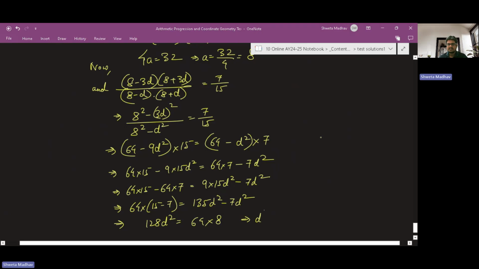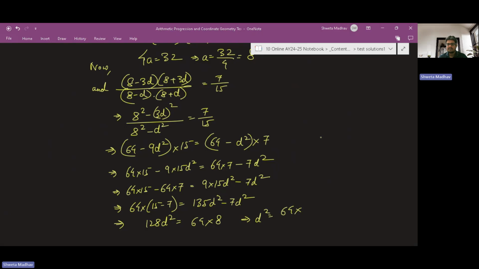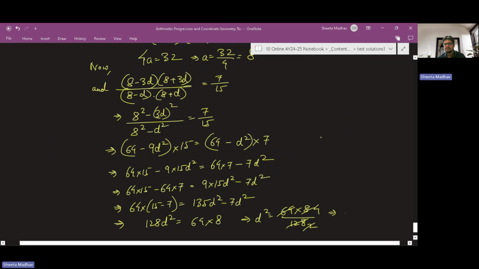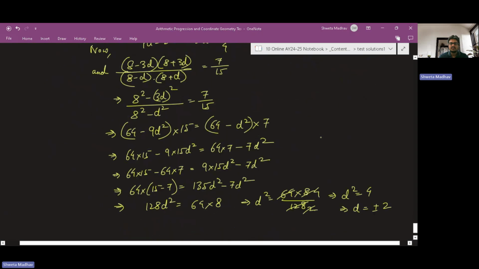So d square will be 64 into 8 divided by 128. 64 twos are 128, so d square is equal to 4. That means d will be equal to plus or minus 2.